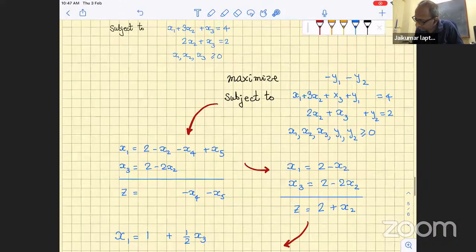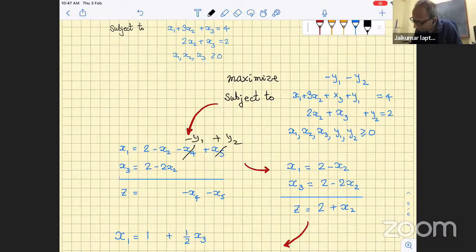So what did I do? I copied something wrong, obviously, because the book doesn't. So this x4 is supposed to be y1. Instead of x4, I should have written minus y1, and for x5, you should think of this as minus y1 and plus y2.